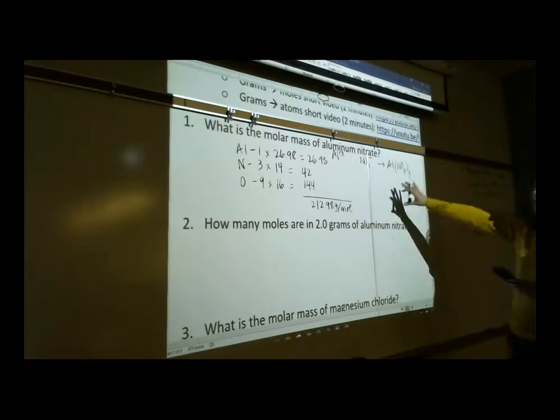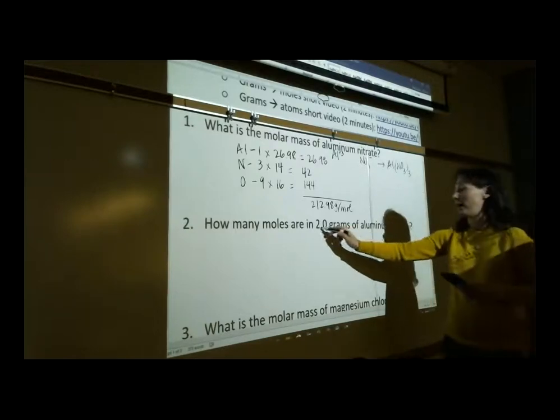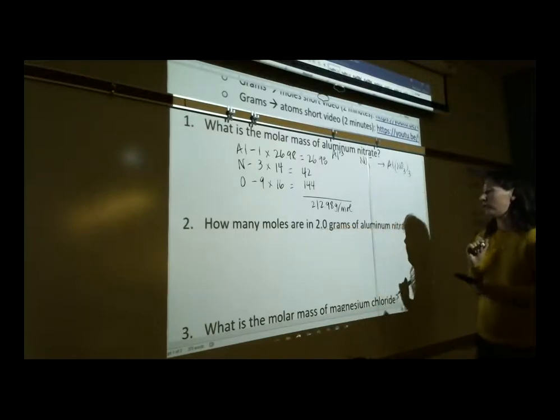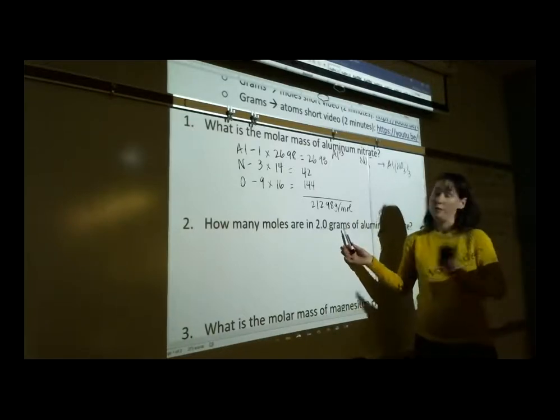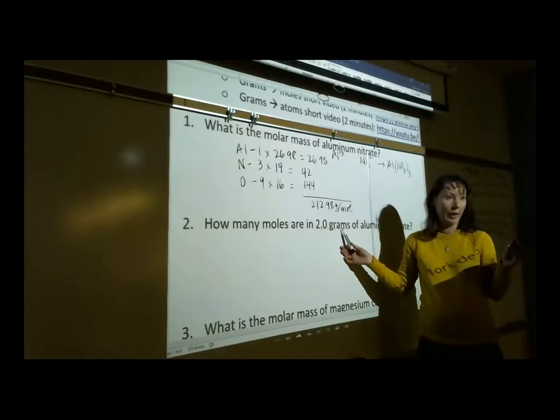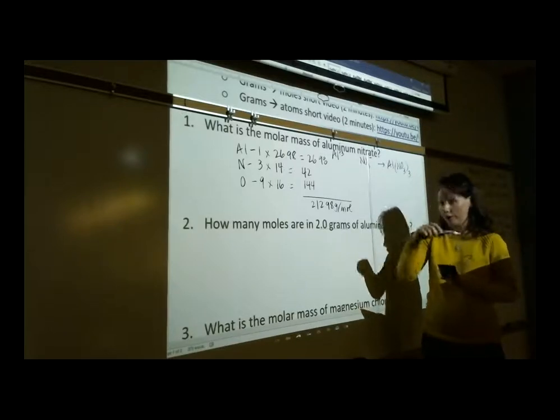Okay, so we've already calculated the molar mass, so we don't have to calculate it again. Because the problem now asks how many moles are in 2 grams. Anytime you see grams, you need to think to yourself, definitely not using Avogadro's number, right? Because if we're doing a calculation involving grams, that means molar mass, right? Not Avogadro's number.